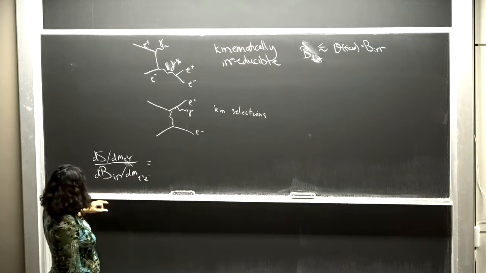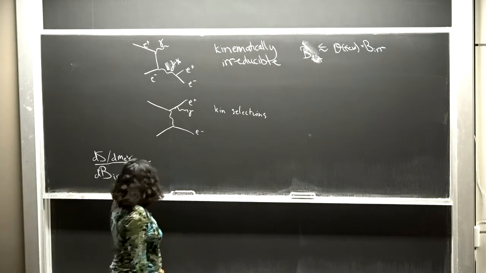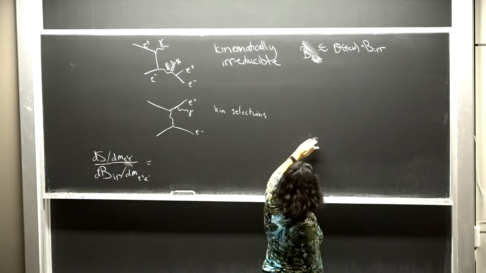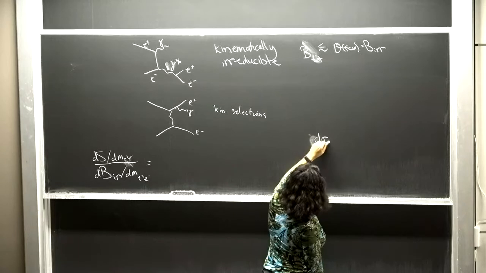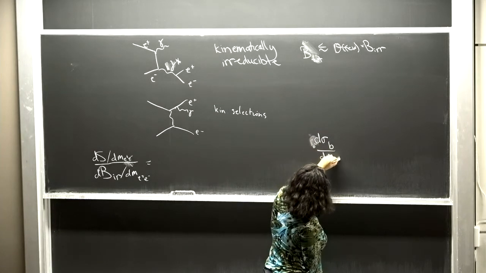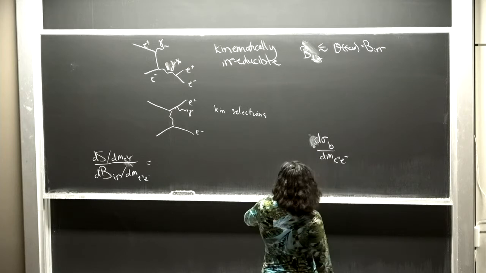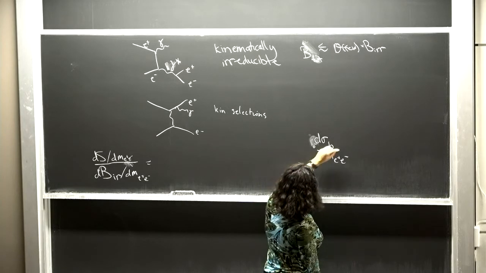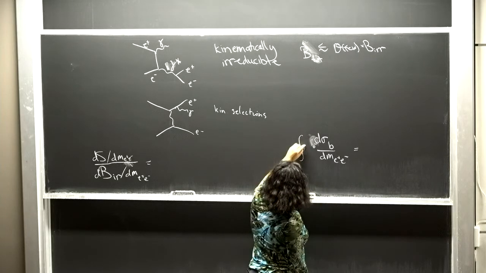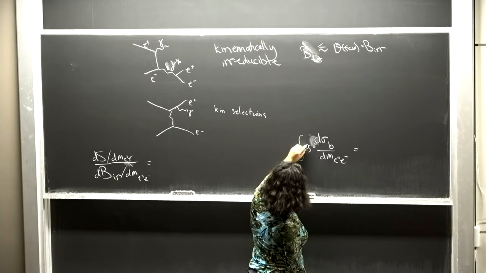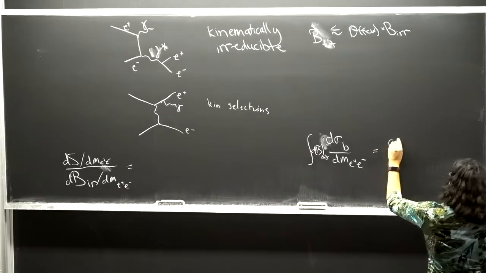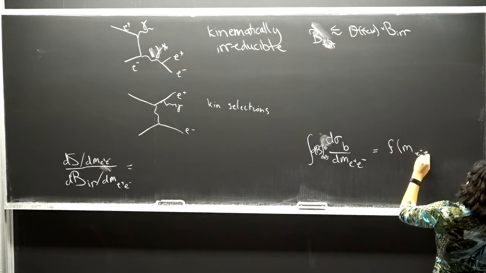So really what I'm saying is that dσ background, if I take dσ background over dm(e+e-), after I've integrated over the phase space after my cuts, let's say that's some function, f of m(e+e-).